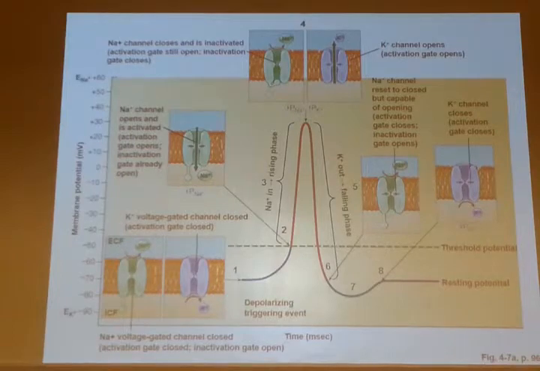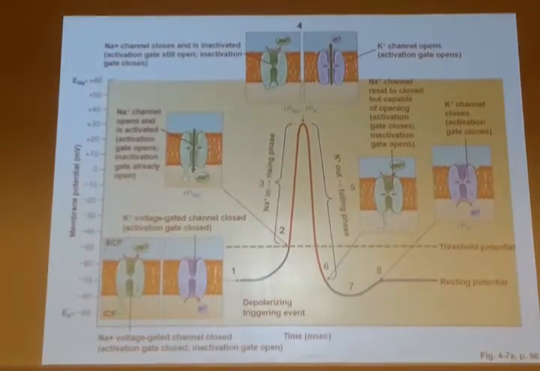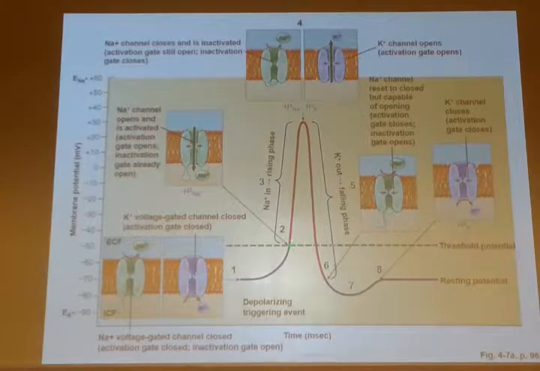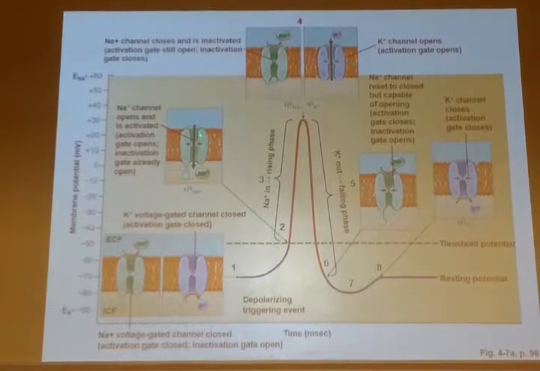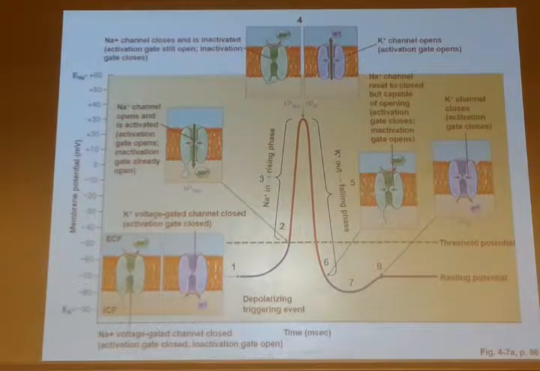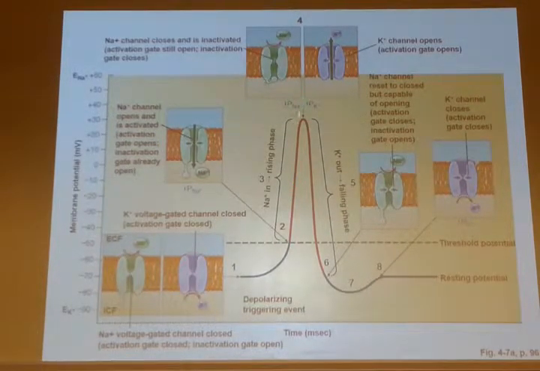When you sum your graded potentials from your dendrites and your cell body, and you get to the threshold of that neuron, here it's minus 50 millivolts. At that point, your activation gate in your sodium channel opens. Sodium rushes in. The sodium accumulates very quickly, and instead of this curve here, you got almost a straight line, straight up.